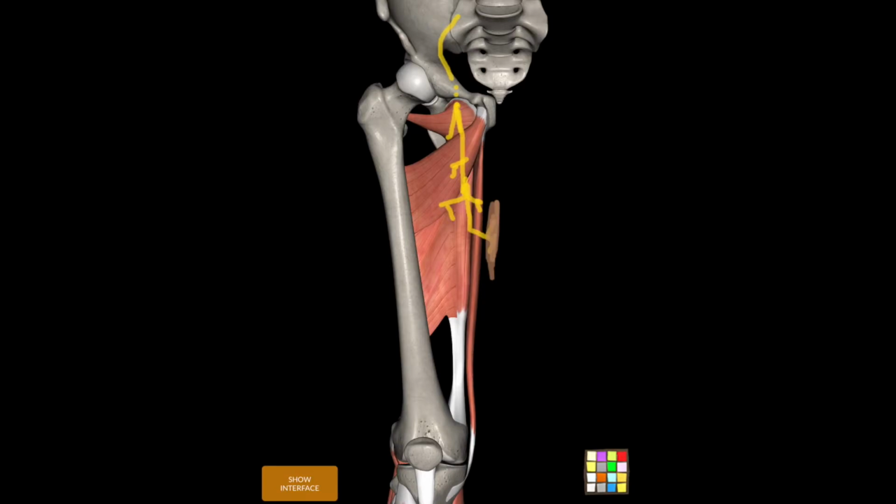The posterior branch supplies obturator externus and descends posterior to the adductor brevis muscle and supplies adductor magnus. If we redraw the adductor longus, we can see that it and pectineus tend to obscure the branches of the obturator nerve. Moving now to the posterior compartments, we'll look first in the gluteal region.